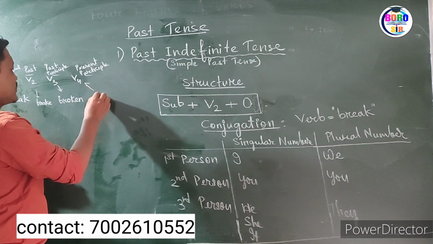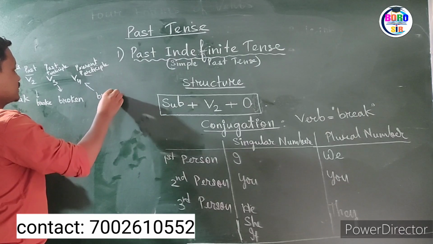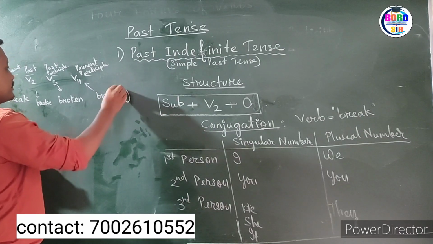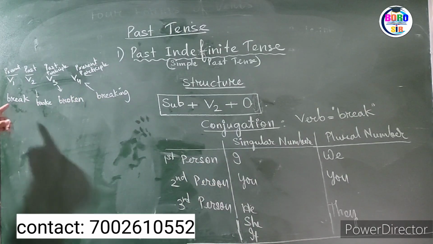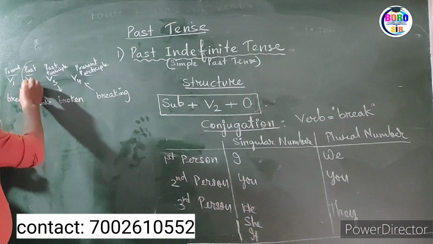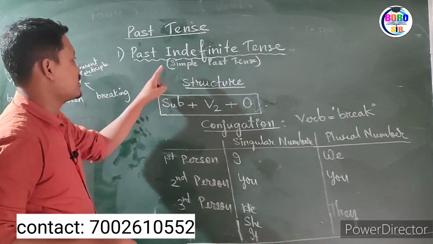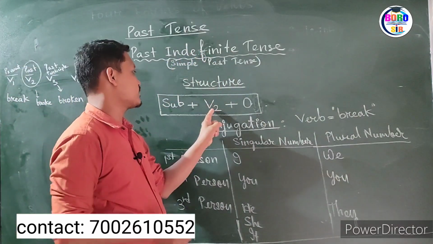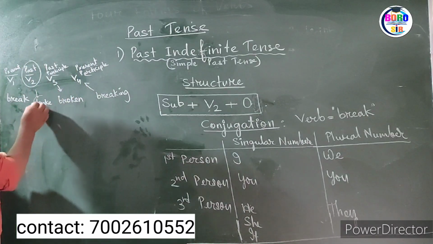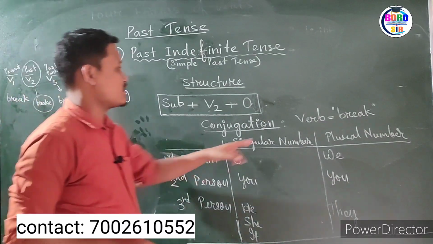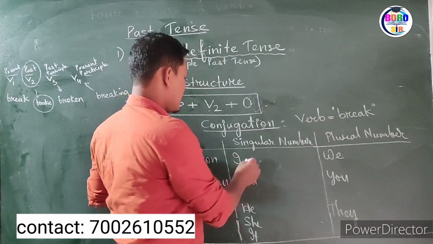And the fourth form is breaking. So out of these four forms of the verb break, we need the verb number 2. According to the structure of past indefinite tense, we need the verb number 2, the second form of the verb. So therefore, we are going to write here broke.